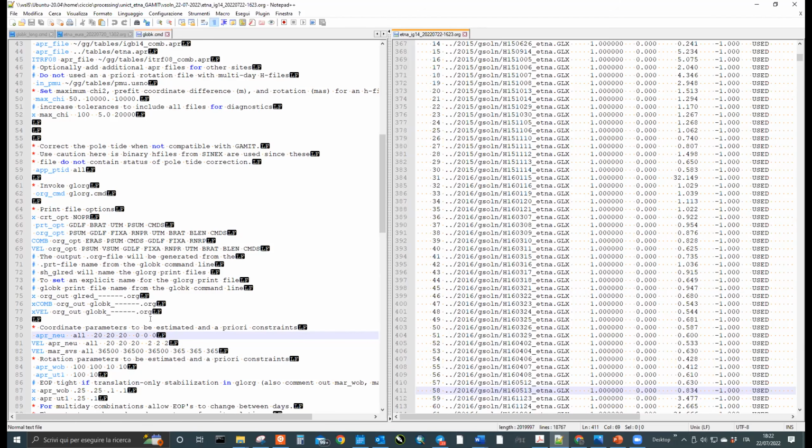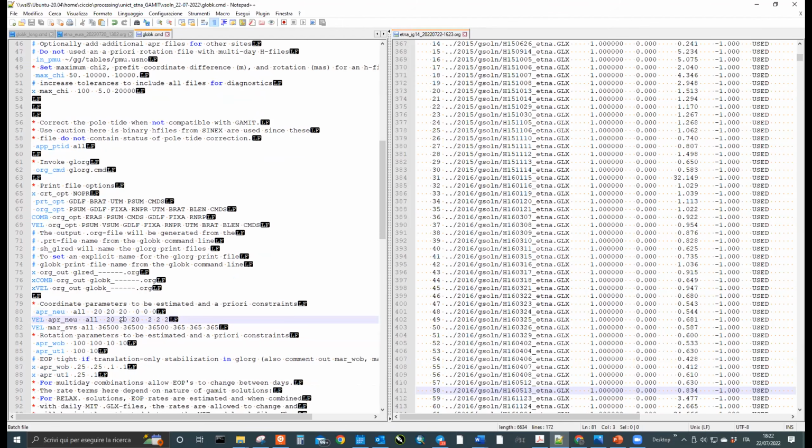Either you do the GlobK combination and estimate velocity over time, or you do the GLRed time series with individual results for each file. So in this case, with this command, it's better to use GLRed, right? Yes, exactly. If you use GlobK, I would add the vel keyword so that it reads that line exactly.